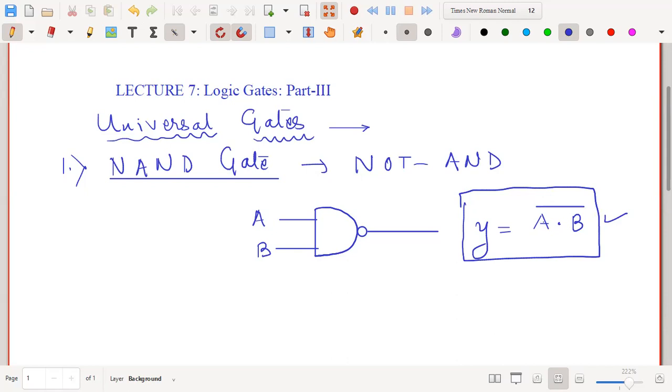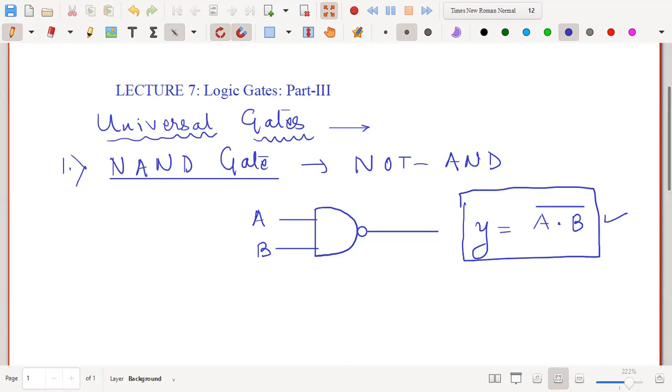When any one of these is 0, you would get a 0 here, and 0 complement is 1. So the output will be high when either A or B, or both, are 0. Otherwise, the output will be low. When both of these are high, the output would be low.